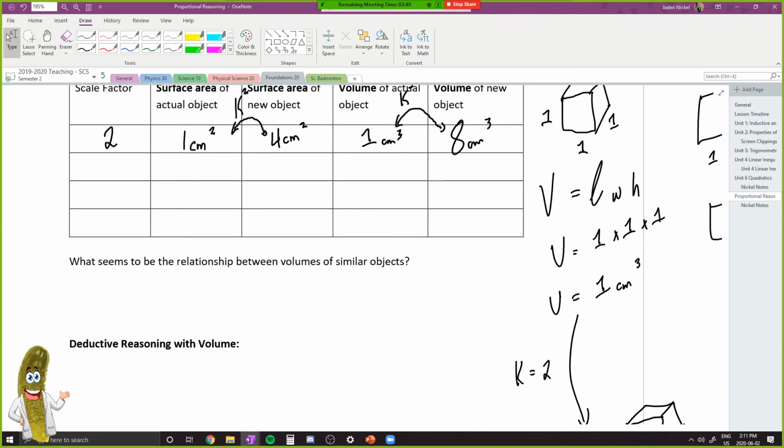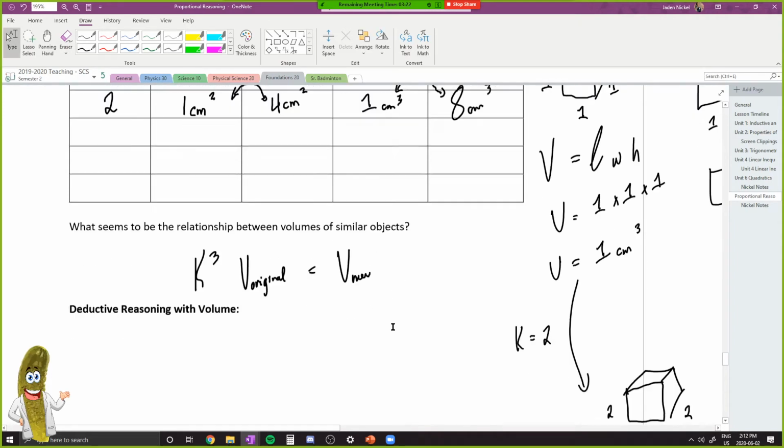So the relationship between two similar objects appears to be k cubed times the volume of the original is equal to the volume of the new. That appears to be the relationship.